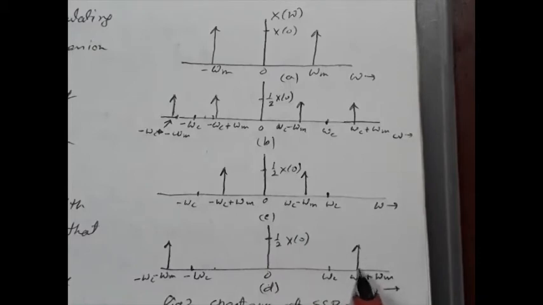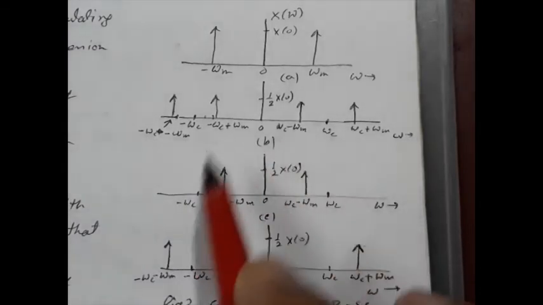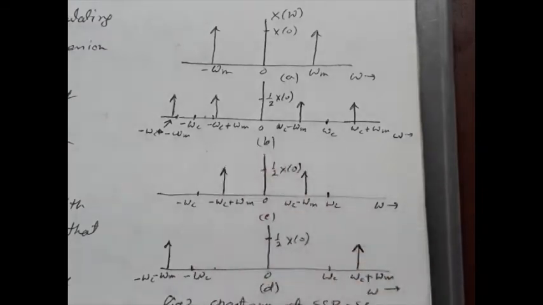Similarly, if we keep the upper sideband, then only the omega c plus omega m component will be there in the spectrum. So this one is the upper sideband and the lower sideband is suppressed. So this is the spectrum of single tone single sideband modulation scheme.